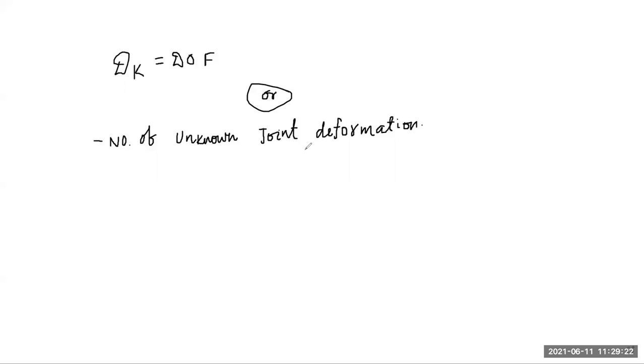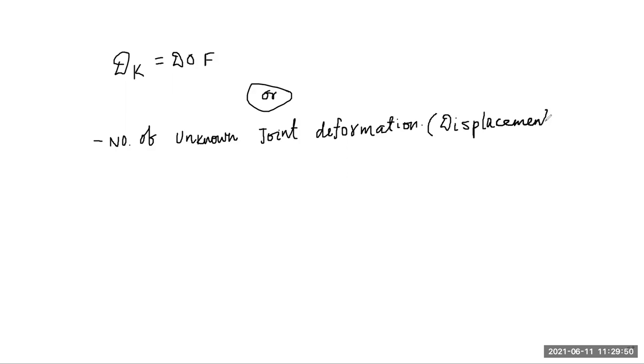Here, this deformation is also written as displacement. In many books, or in an option, if they give number of unknown joint deformation, the next option they give is number of unknown joint displacement. They are both the same thing. Deformation and displacement are both the same for our structure analysis case.